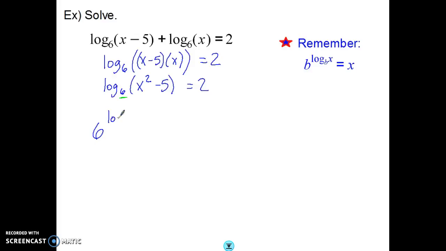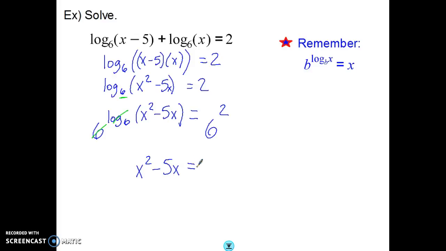So we'll have 6 raised to the log base 6 of x squared minus 5x, I'm sorry, I left off an x here, equals 6 squared, right? 6 raised to the second power. Now, at this point, remember, if we use this property over here, 6 to the log base 6, that cancels out, leaving us on the left side with just x squared minus 5x.